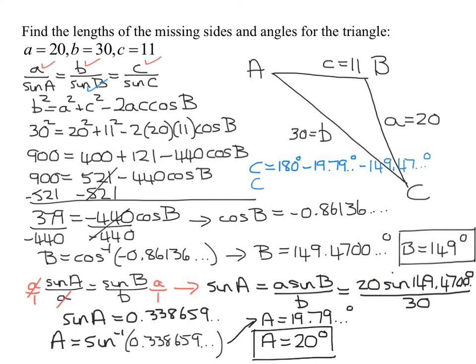And so I get C is equal to 10.735 degrees, which equals 11 degrees rounded to the nearest whole number. So C is 11 degrees.